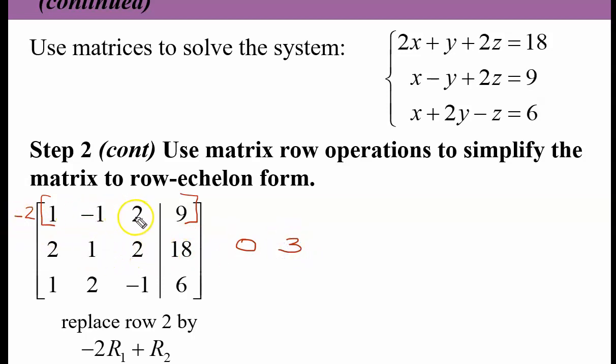Negative 2 times 2 is a negative 4. Negative 4 plus 2 gives me a negative 2 in this spot. Now, negative 2 times 9 gives me a negative 18 plus 18 gives me a 0 in this position.